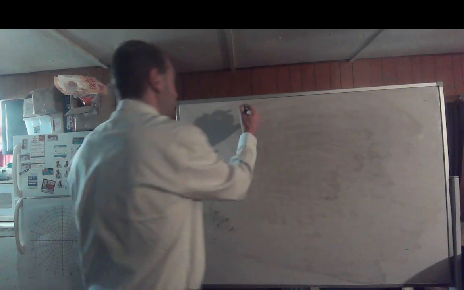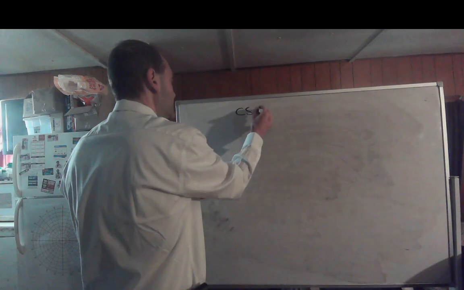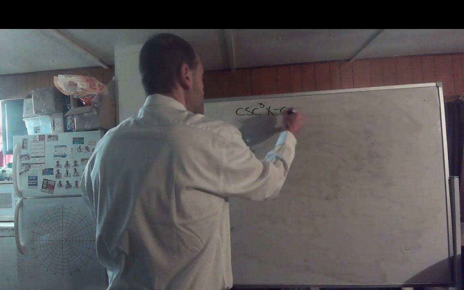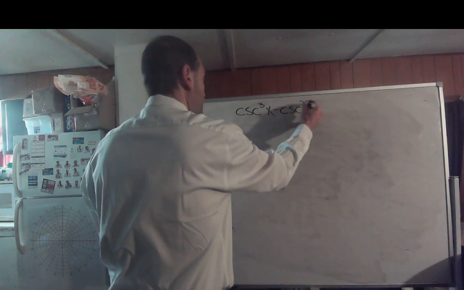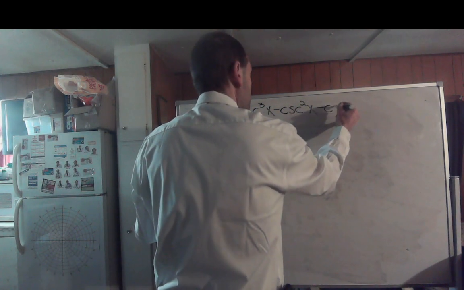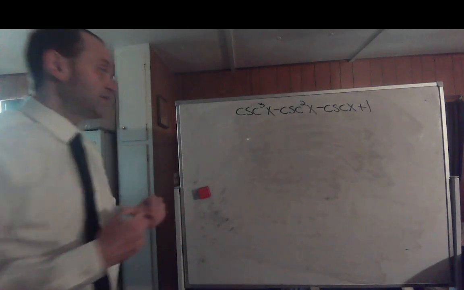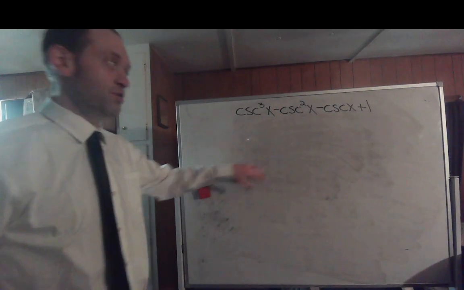Alright, let's see. We have the cosecant cubed of x minus the cosecant squared of x minus the cosecant of x plus 1. So we have a third degree trig polynomial.